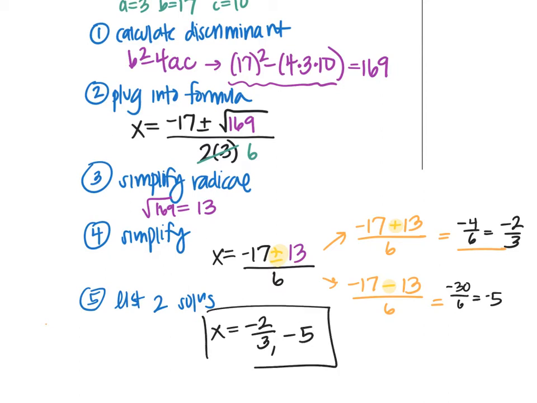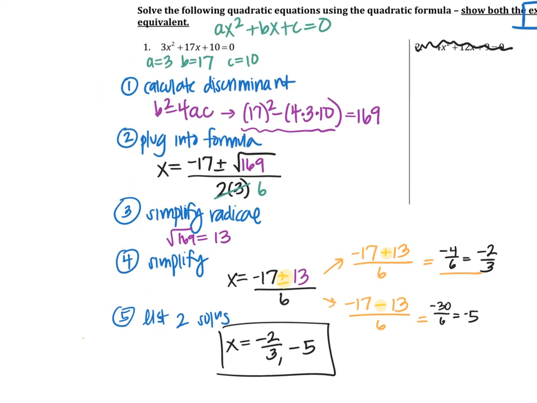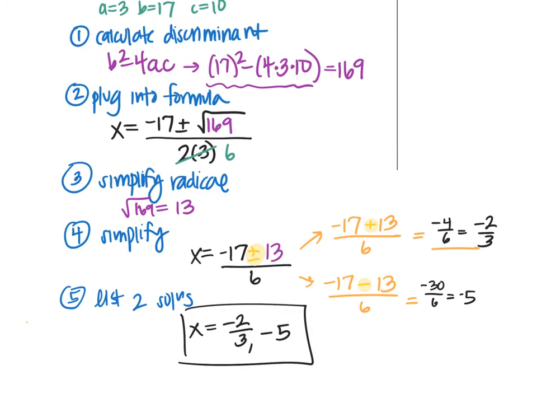What this tells me, when I look at my solutions, is that they're rational. This tells me that I could have actually factored and gotten my roots. But if you look at this original problem of 3x squared plus 17x plus 10, with a leading coefficient of 3, I didn't really want to start guessing and checking.